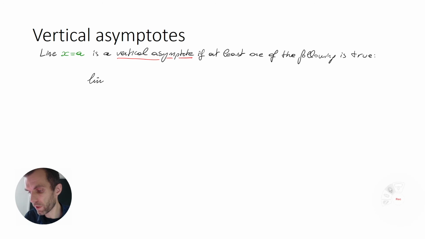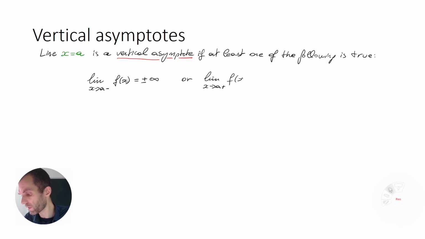So either the limit for x going to a minus of f of x is either plus infinity or minus infinity, or the limit for a plus of f of x is plus or minus infinity. And here I should say it's a vertical asymptote of the function f of x.